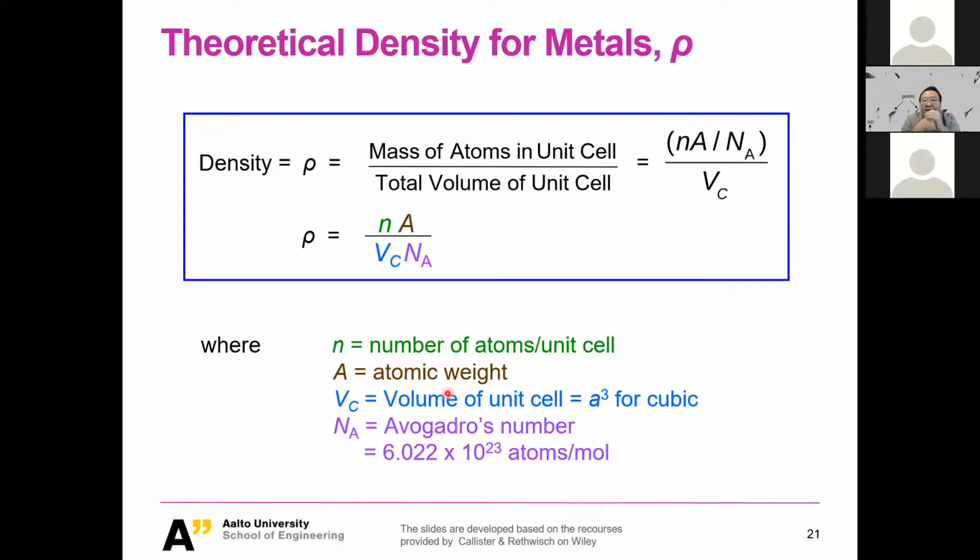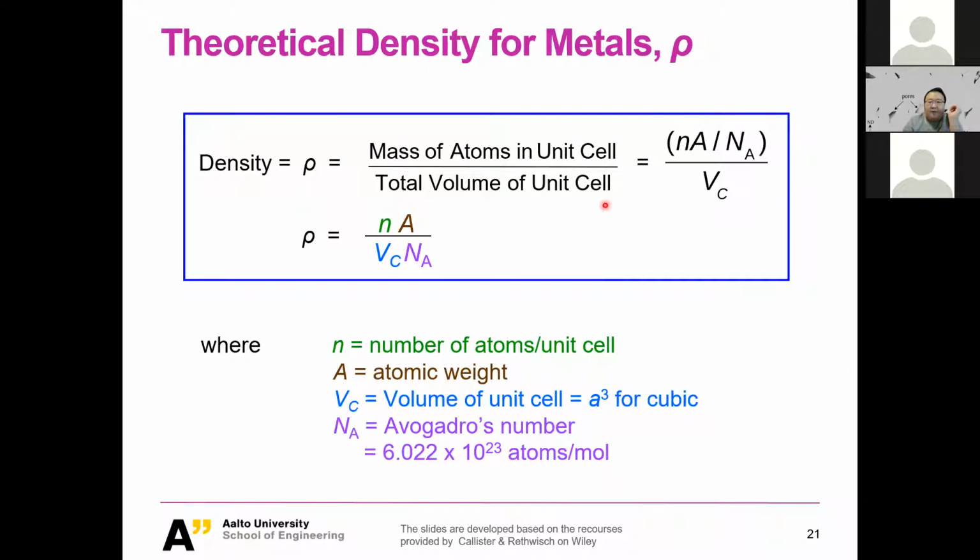But if you know now how the atoms are packed, and if you also know the mass of your atom, you can already calculate the so-called theoretical density. It's not that difficult. You have all the knowledge already.